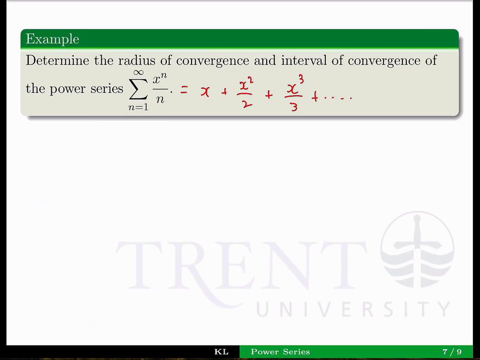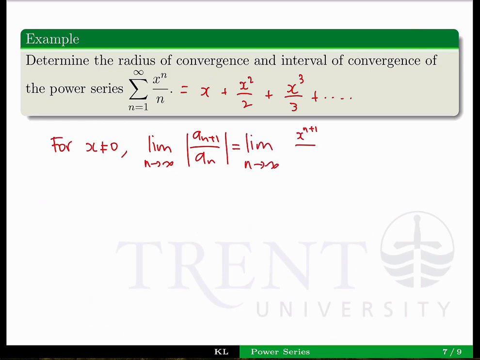So let us answer this one. For x not equal to 0, we get the limit as n approaches infinity of a_(n+1) over a_n. This is equal to the limit as n approaches infinity of x to the n plus 1 divided by n plus 1, times n over x to the n.